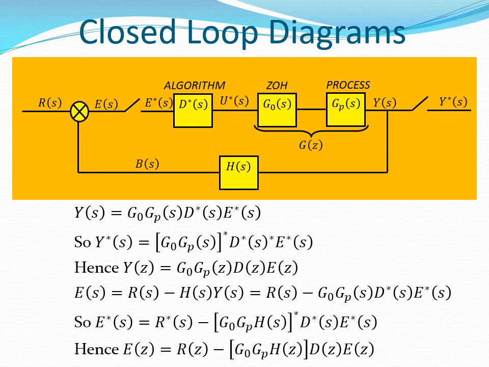We then go on to obtain the expression for error relative to the other signals. After that, we obtain the expression for the sampled error. We then convert it into the z domain and we obtain the expression E(z) equals R(z) minus G0GpH(z) D(z) E(z).